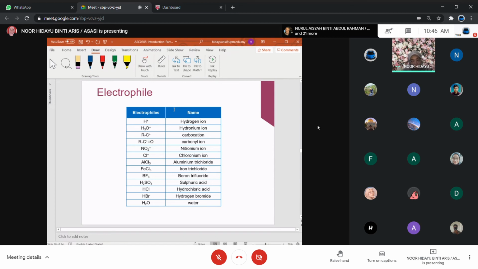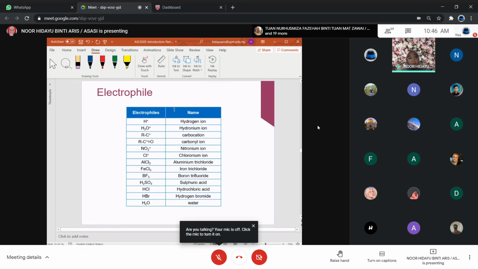Water is what? Water is apa? Kenapa water boleh jadi acid, dia boleh jadi base?